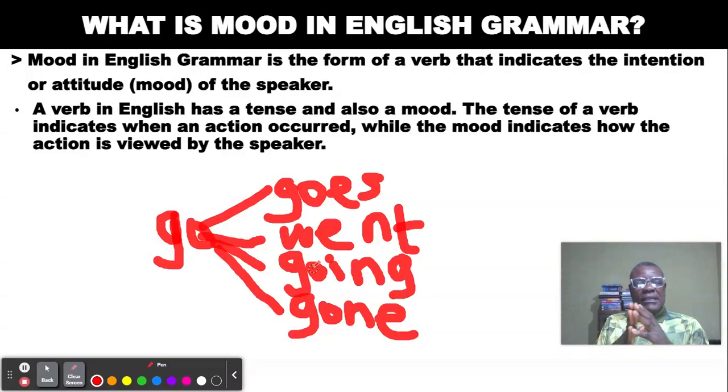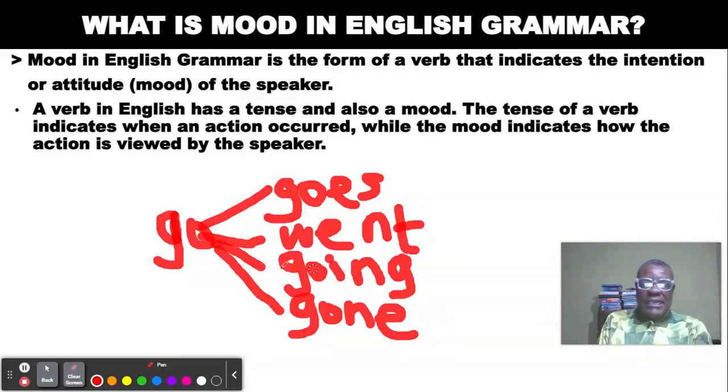So tense is the form of a verb that is used to indicate the time of an action, when an action occurs. And mood is the form of a verb that is used to indicate how the action is viewed by the speaker. That is the speaker's mood or the speaker's attitude or intention for saying what he or she is saying.